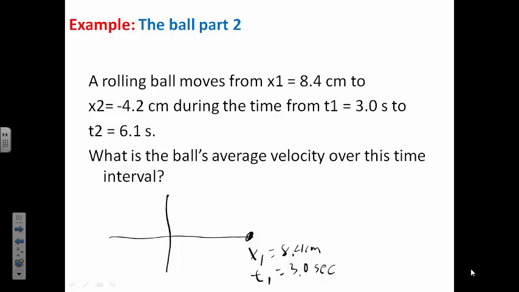So our ball ends up over here at x2 equal to negative 4.2, and this is when the clock is reading 6.1 seconds.